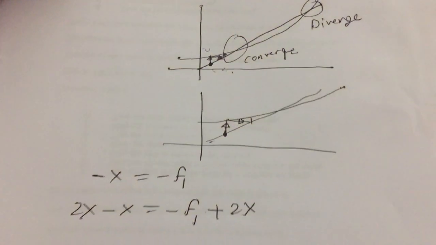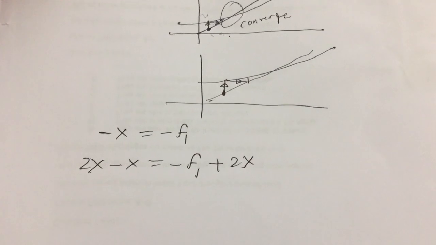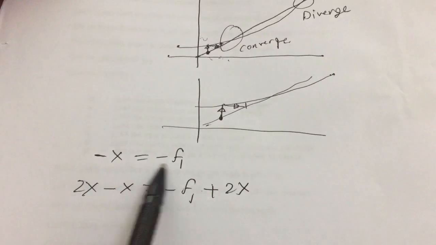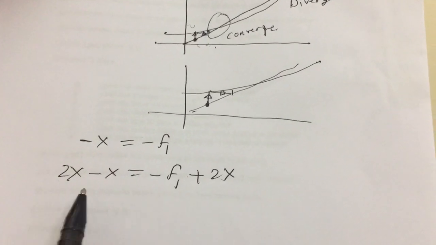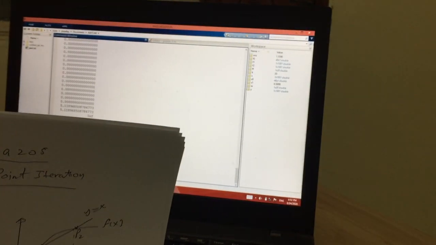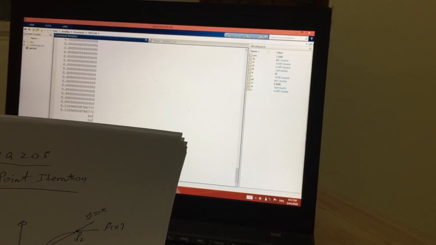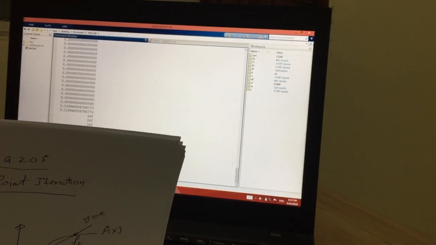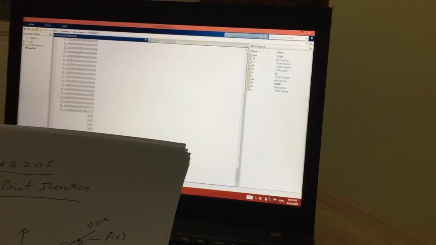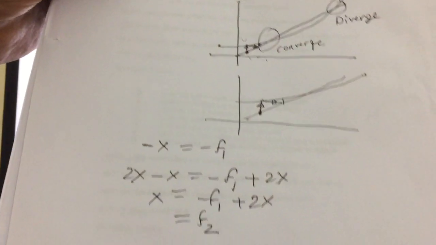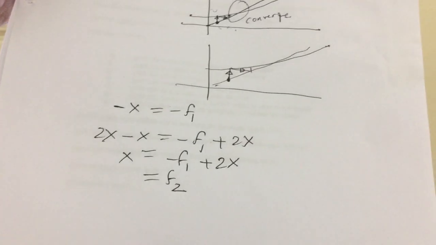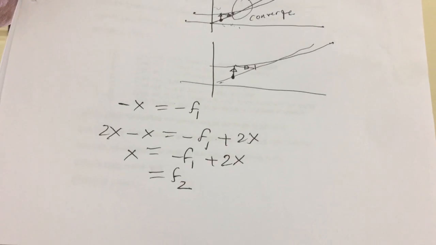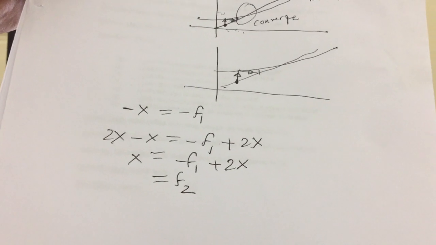So what we have done, just multiplied both sides by minus, then we add 2x to both sides to obtain x here. So we'll find that x equal minus f1 plus 2x. And say this is f2. Okay? So we modify the function from f1 to f2. It's the same. X equal f2 now.